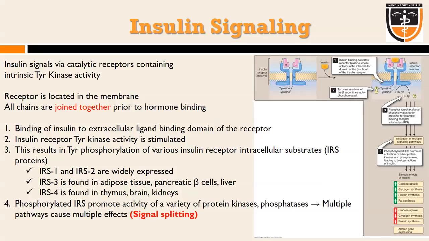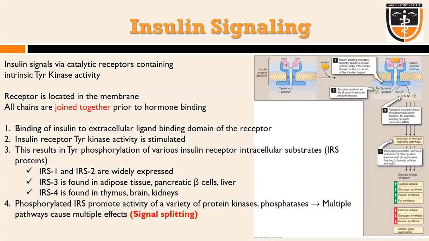So it doesn't need the ligand to dimerize it. It's already two chains next to each other, joined together. So binding of insulin to the extracellular binding domain of this receptor will result in activation of its tyrosine kinase. Tyrosine kinase, you remember, is going to phosphorylate those tyrosines in the cell, lighting it up.